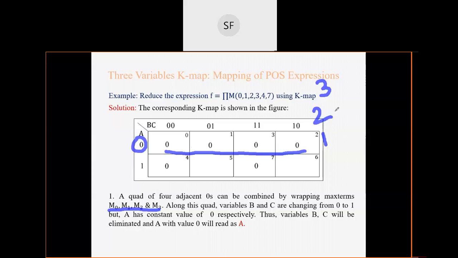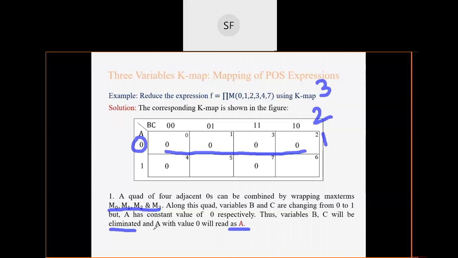Those variables which are not constant, that means which are changing. Okay, so along this quad, variables B, C are changing from 0 to 1, but A has constant value of 0. Thus, variables B, C will be eliminated and A with the value will be read as A.